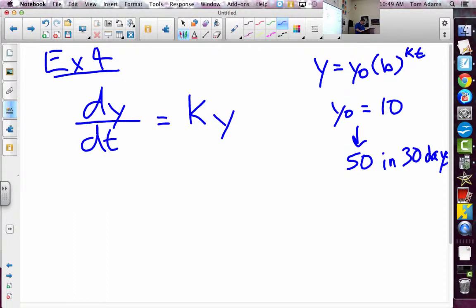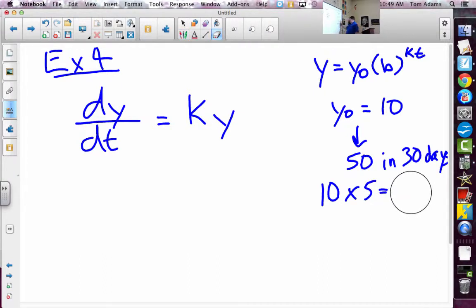It grows by a factor of 5 in 30 days. So, in other words, 10 times 5 equals 50 in 30 days. So we have this cycle that after 30 days it gets multiplied by 5.